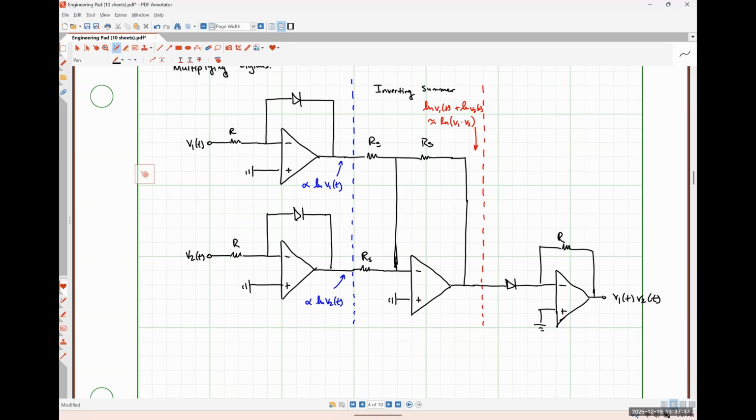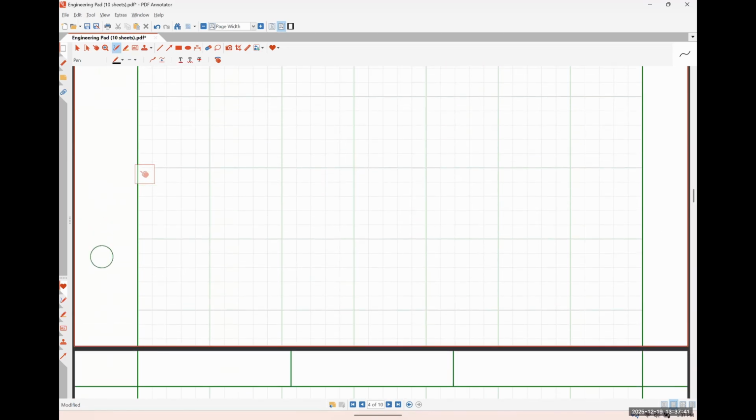So a single stage op amp, I'm getting into the weeds here, but a single stage op amp circuit internally is actually relatively simple. You would have a couple of transistors like this.